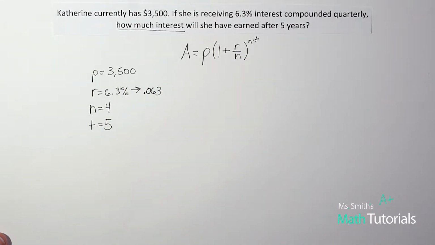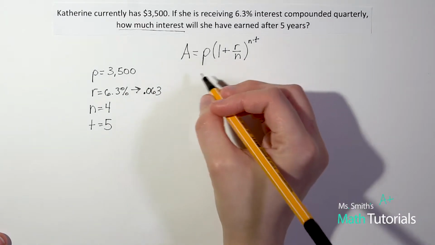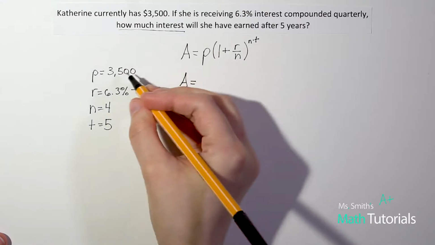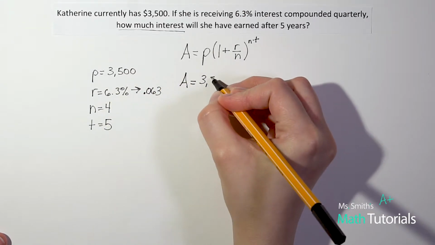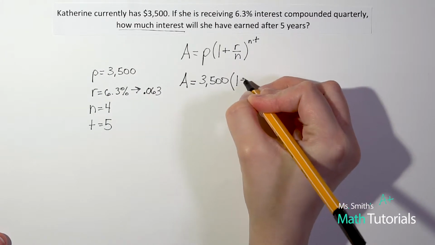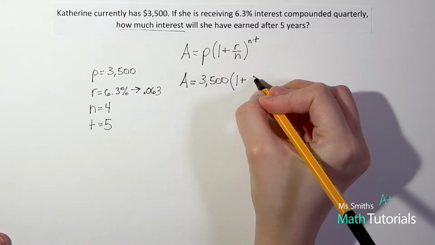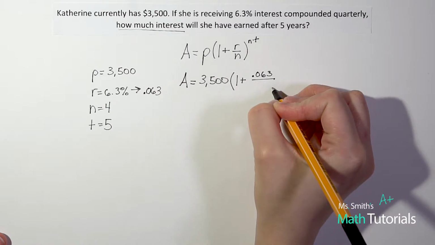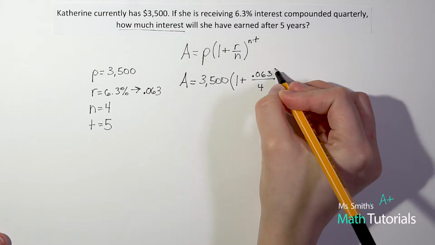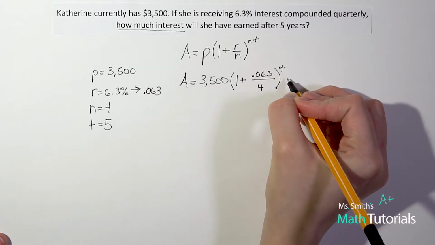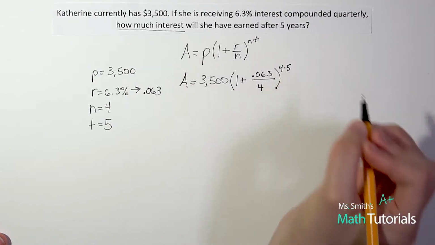So now we just want to plug into the formula. A equals 3,500(1 + 0.063/4)^(4 times 5).